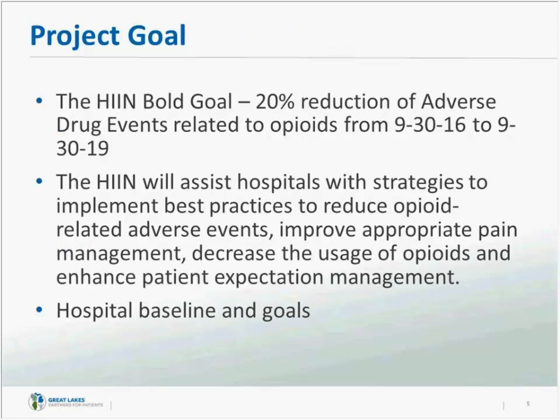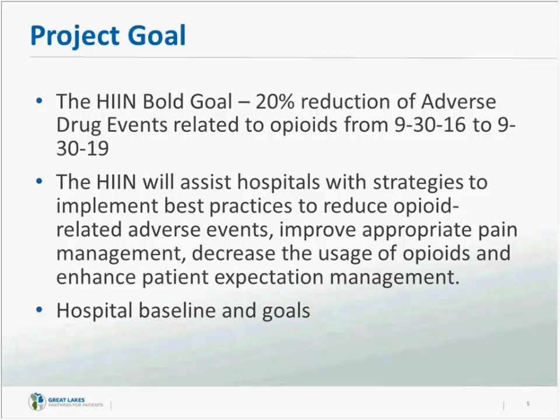So we're going to talk a little bit about the goal. The goal of the current HIN project is a 20% reduction of adverse drug events related to opioids in the next 3 years. So basically, in this 3-year period where we're really focusing on this, we're trying to decrease the risk of these adverse events significantly.